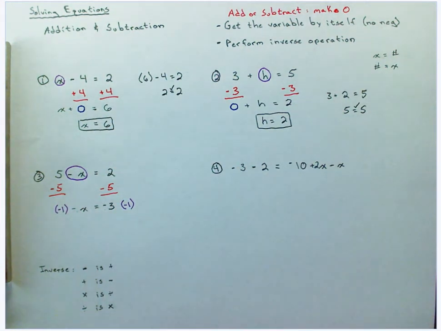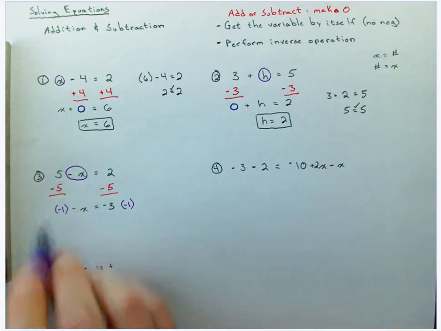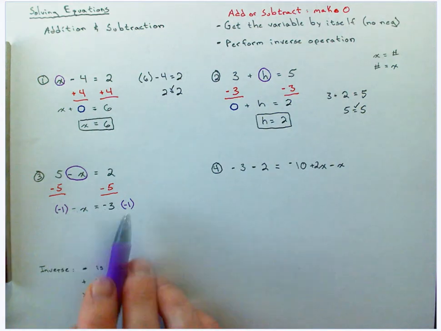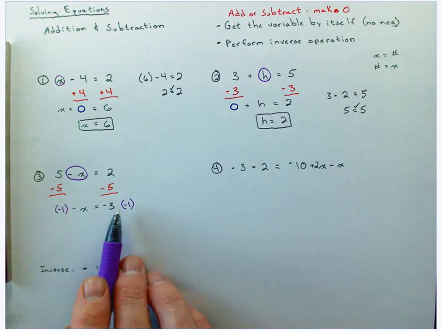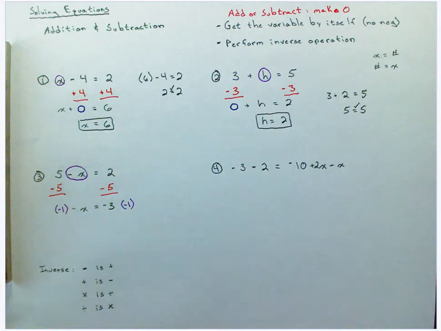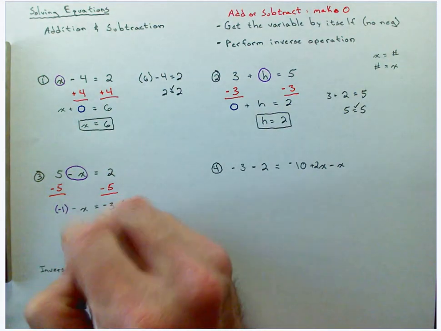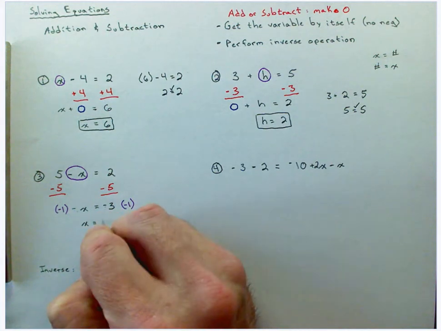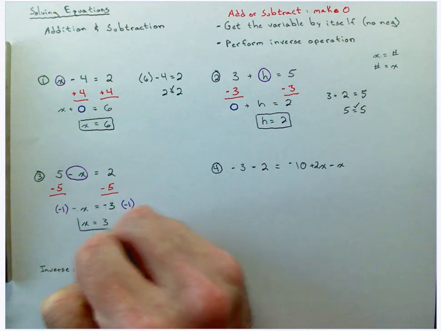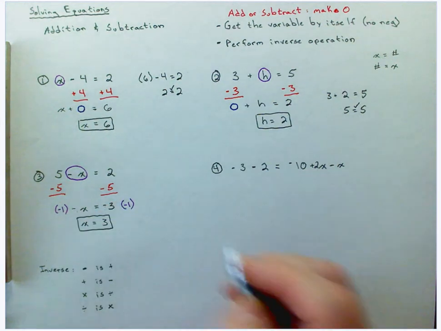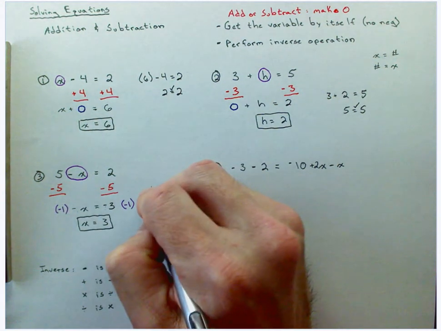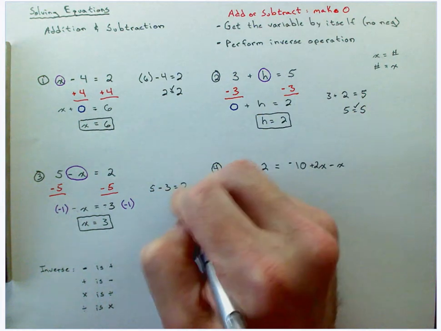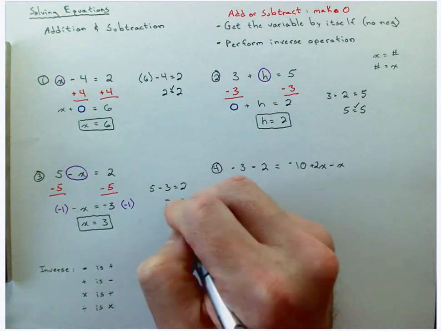It'll flip my sign, because a negative times a negative gives me a positive. And I haven't changed anything, because what I did to one side I'm doing to the other. So negative x times negative 1 is x, and negative 3 times negative 1 is 3. And let's check. Plug this back in. 5 minus 3 equals 2. 2 equals 2. Yes.